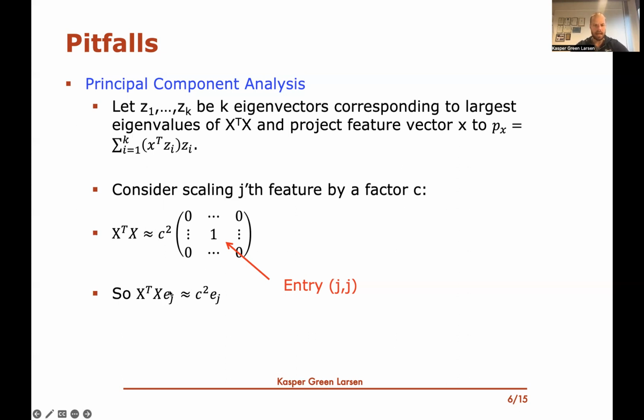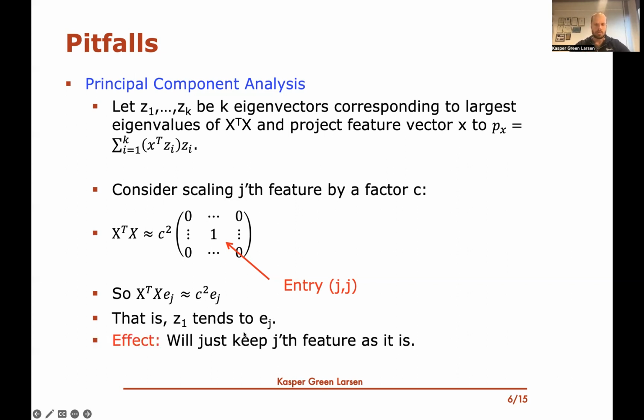If I multiply the vector Ej onto the matrix, it becomes the vector itself times a big scaling. So we have an eigenvector Ej with an eigenvalue of C squared. As C grows, the largest eigenvalue is going to look like C squared, and the corresponding eigenvector will be Ej. So the first vector will just be Ej.